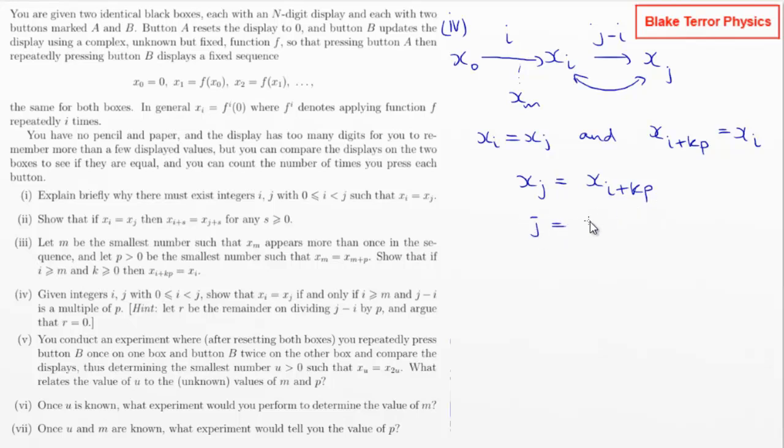So j equals i plus kp. So what am I trying to show? j minus i is a multiple of p. Oh, there we go. j minus i equals kp. Is that the same as their hint? The hint seems more confusing than the question. Anyway, that's worked out fine. I'll just leave it at that.